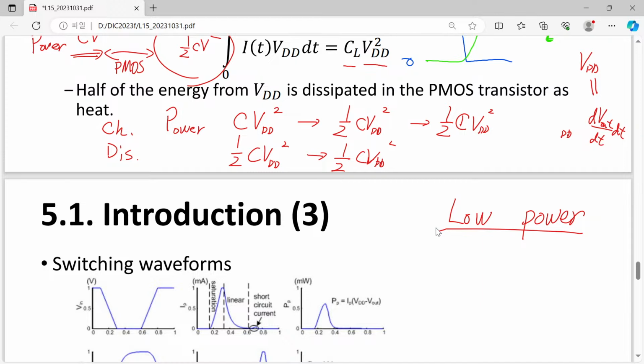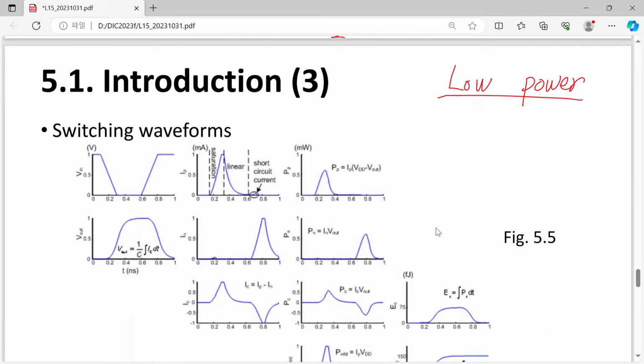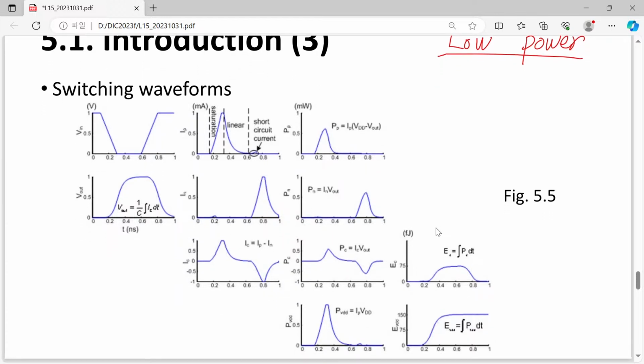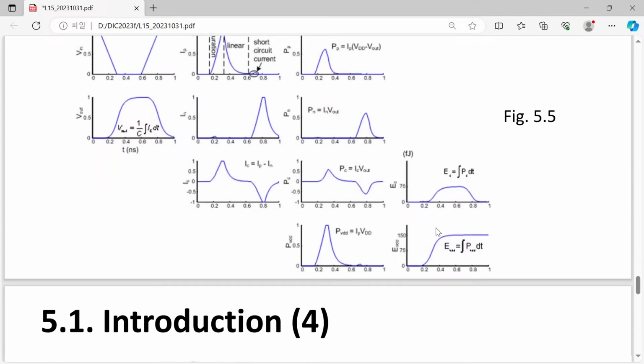In order to process the same amount of information, if we can do it with extremely low power, then maybe we can apply these electronic systems more widely, and this is more beneficial to our humanity or our general good. Okay, so this page just summarizes the switching waveforms, so please have a look at it.